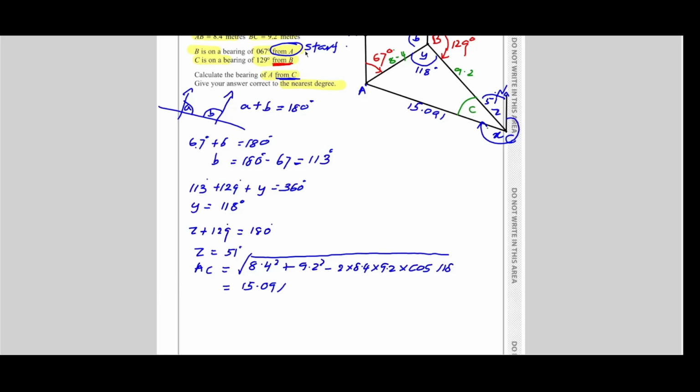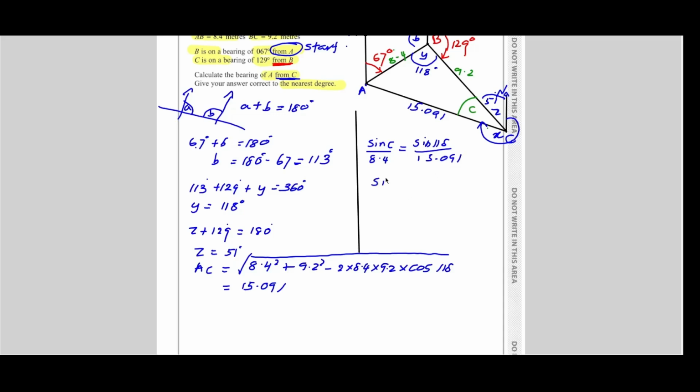So let's apply the sine rule. I'm going to apply the sine rule. So we can write sine C over 8.4 equals sine 118 over 15.091.